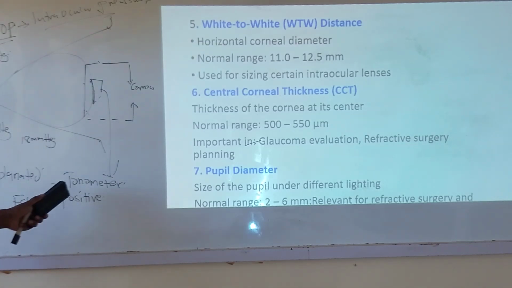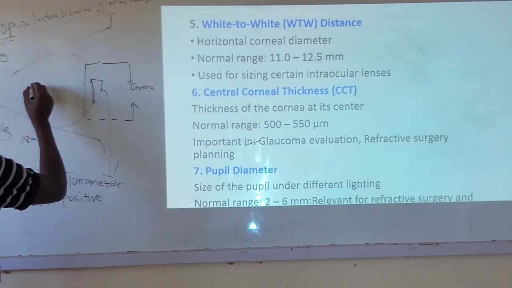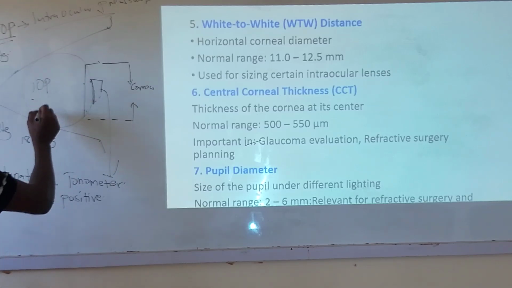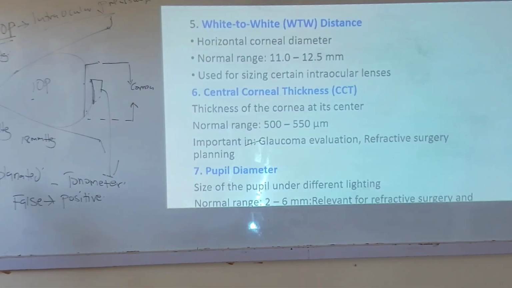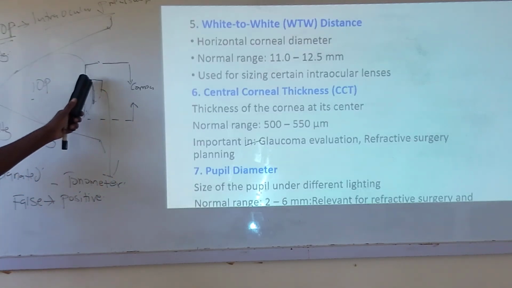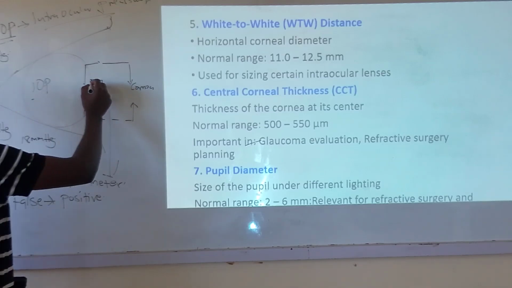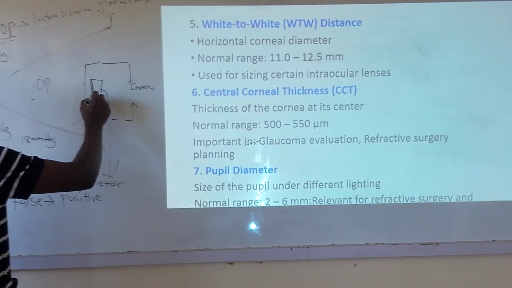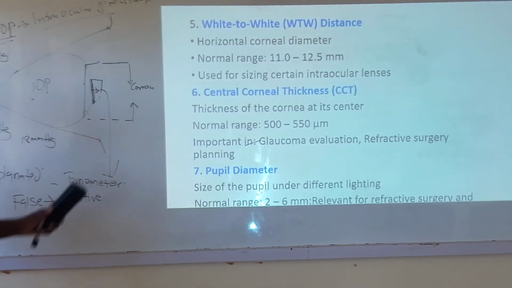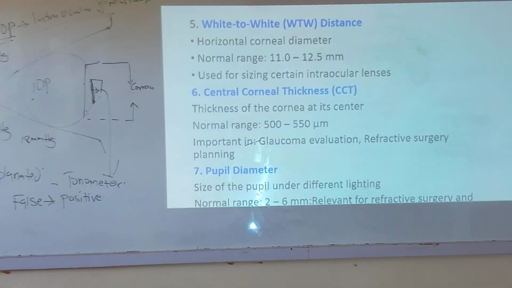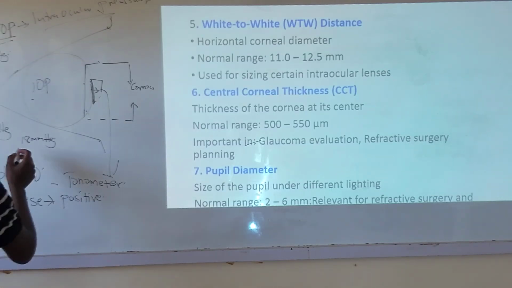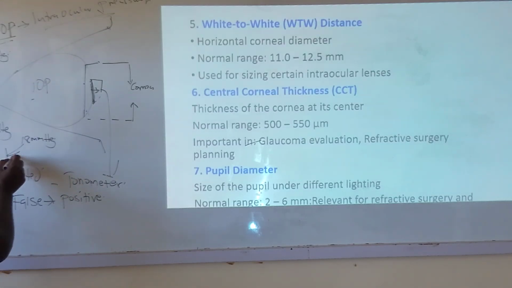When an applanated tonometer is applied to measure your IOP, which is just intraocular pressure, because of the thickness of this cornea, it will exert resistance to this machine, and therefore it can give you an exaggerated reading.